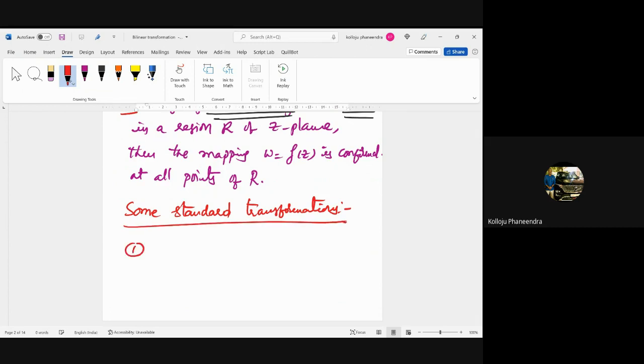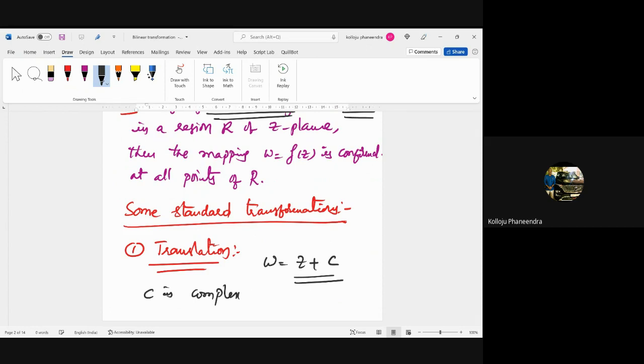First one is translation. What is the model of translation? W equal to z plus c. Nothing but W equal to f of z. What is f of z here? Z plus c. And c is a complex constant.